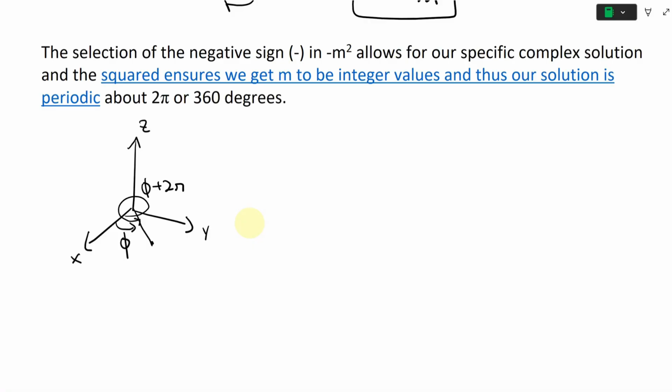Basically we want it equal to the same thing. So in other words, we want Phi of phi to equal Phi of phi plus 2 pi. So that's what we want, again, for our spherical harmonics setup.